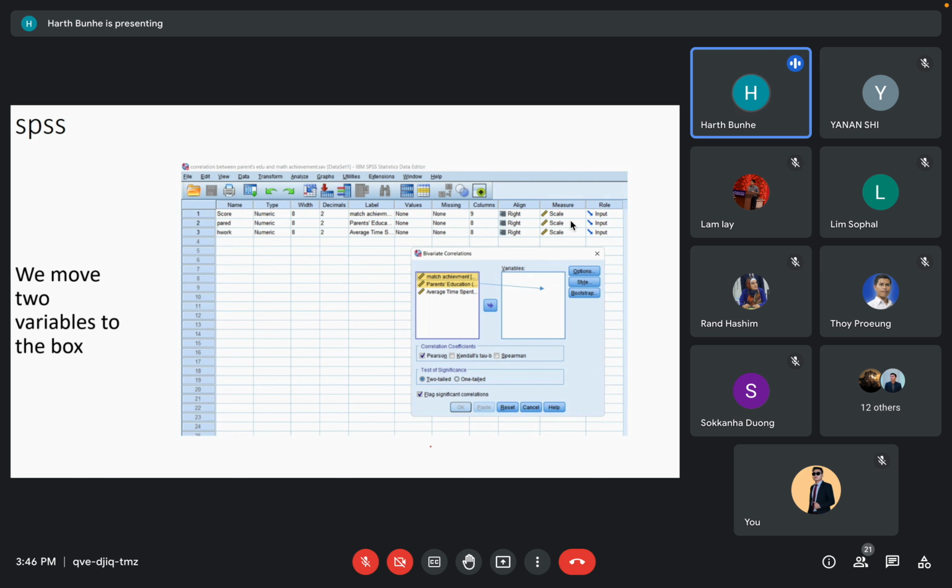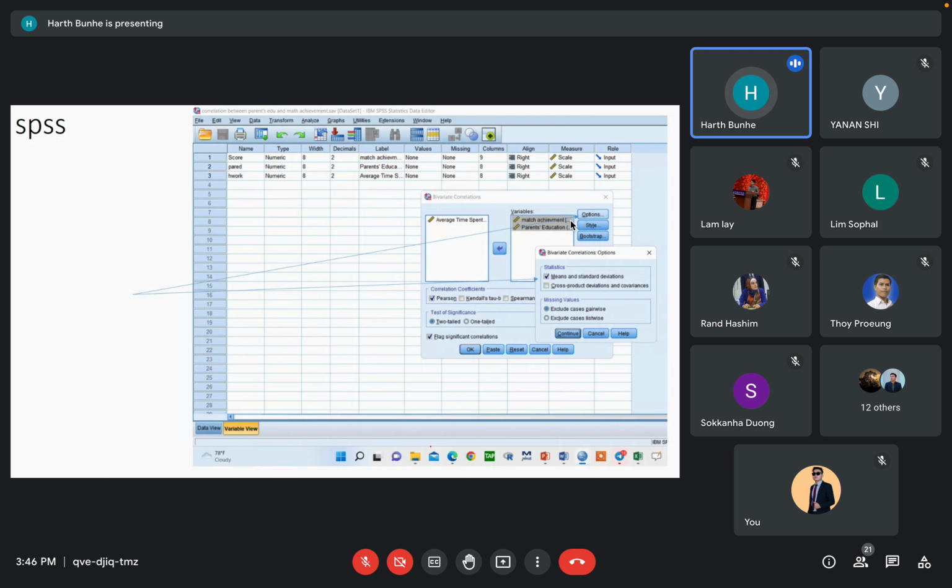That's enough to analyze correlation. But if you want to see something inside, you go to Options. You can see the mean and standard deviations of the variables that we want to correlate. It's also fine. But if you don't want to know about it, you don't need to go to Options. You just click OK, that's enough.